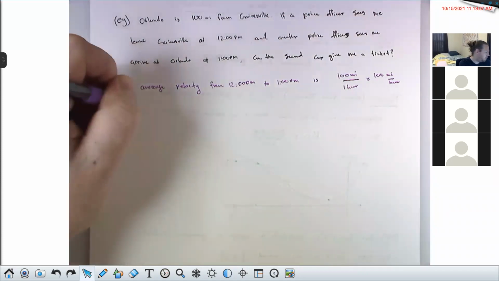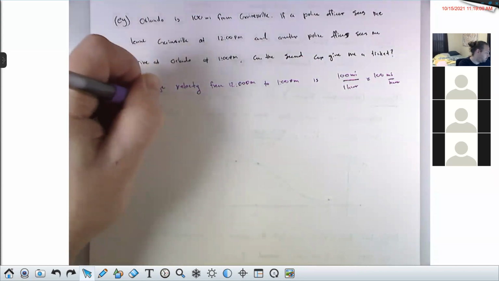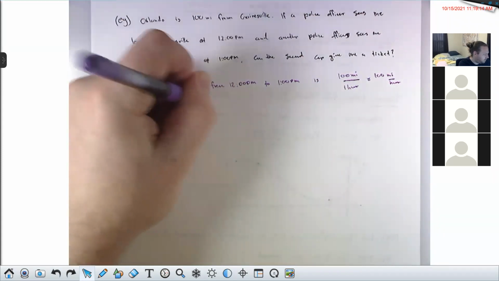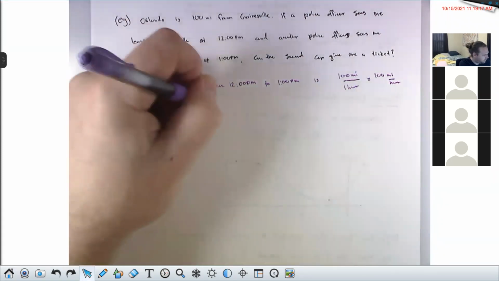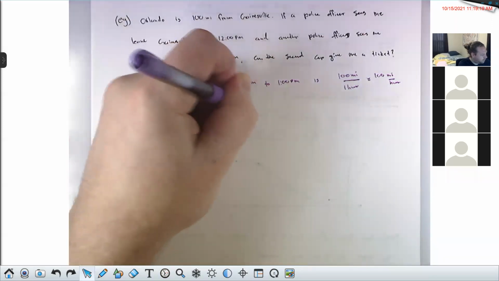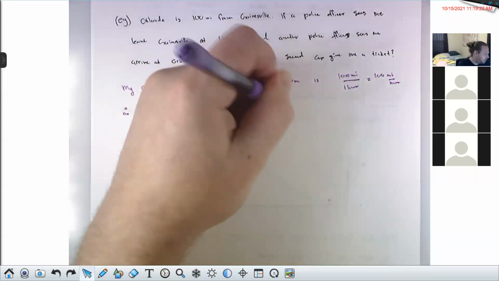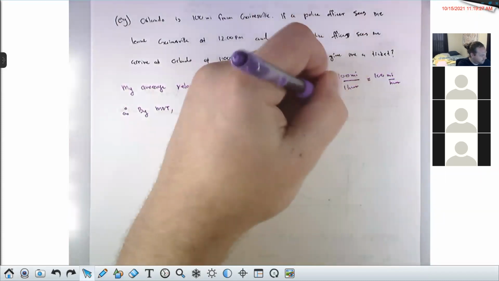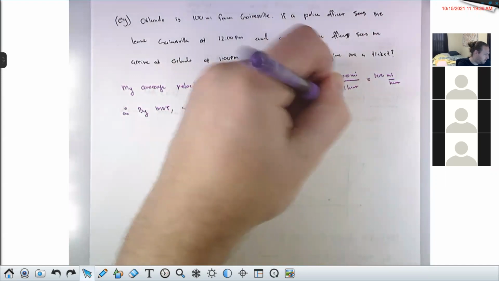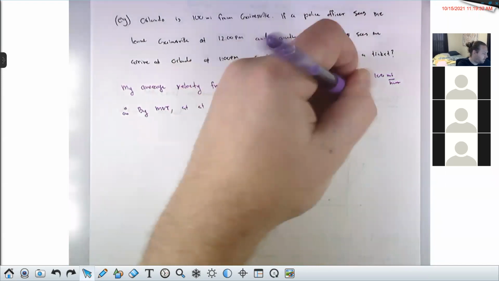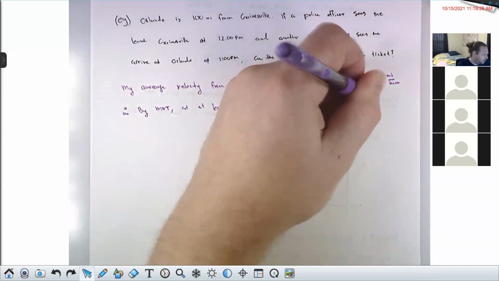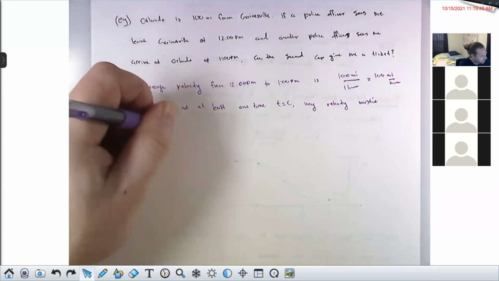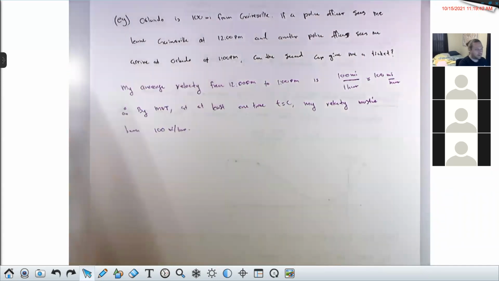Therefore, by the mean value theorem, I know it looks weird, at least one time t equals c, my actual velocity must have been 100 miles per hour. That's the idea.